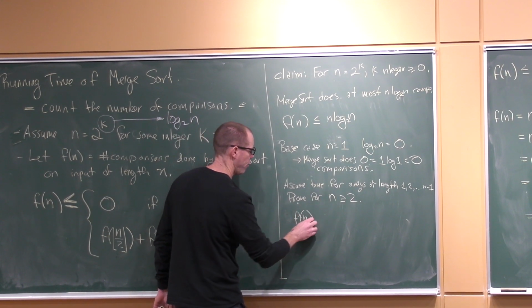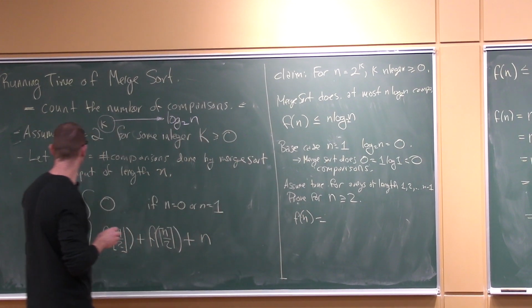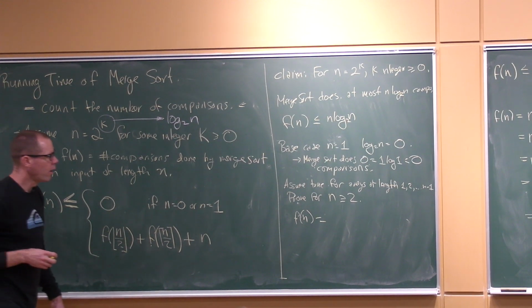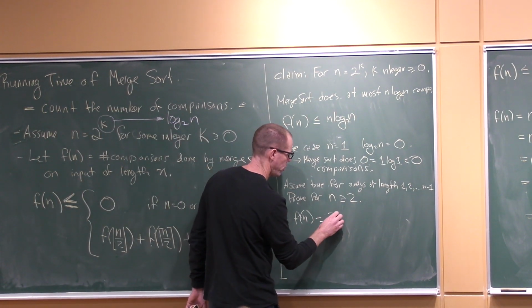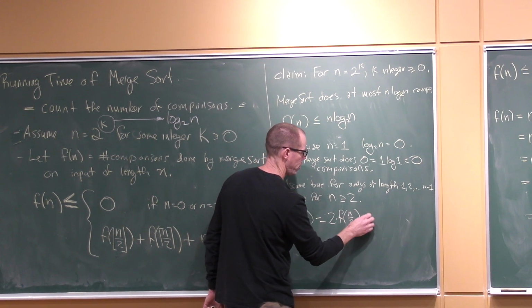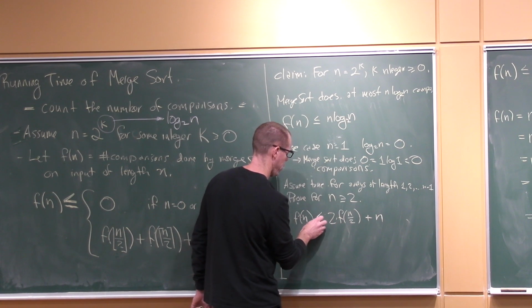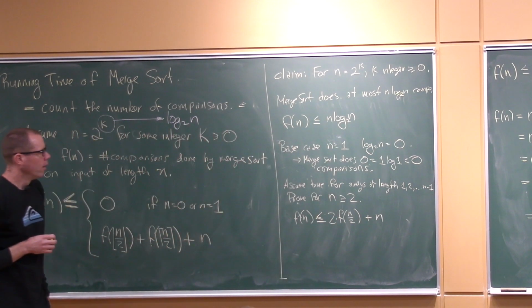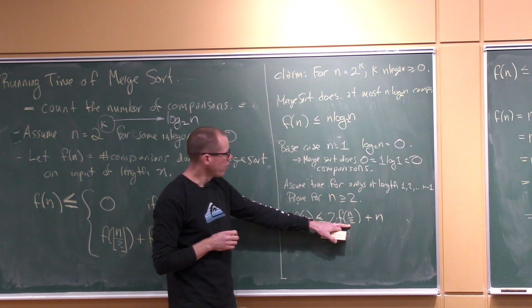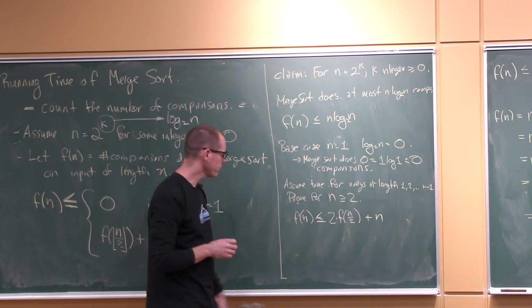So there we have f of n is equal to, let's use the definition that we have, 2 times f of n over 2 plus n. Let's use our inductive hypothesis here.